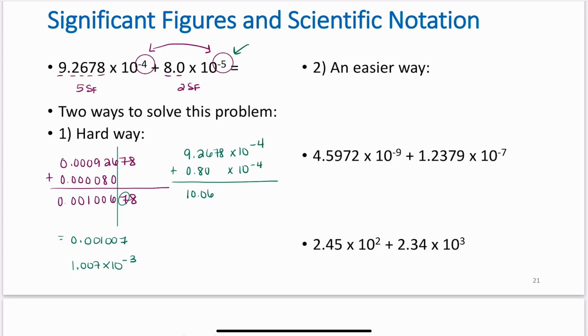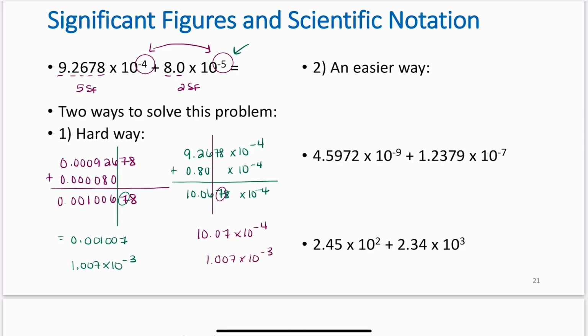Gives me 10.0678 times 10 to the negative 4. But again, if I drew that line, I've got to drop that 7, 10.07 times 10 to the negative 4, which we usually wouldn't leave in notation like that. It looks a little weird for scientific notation. We would report it as 1.007 times 10 to the negative 3.